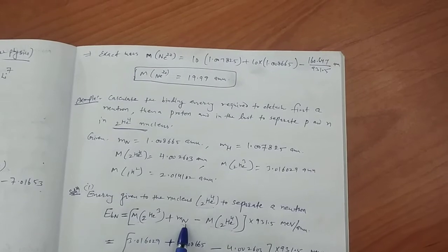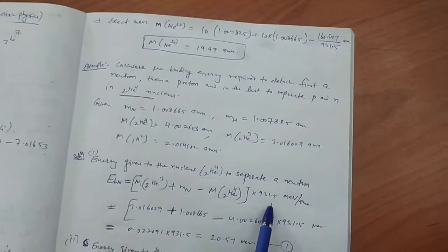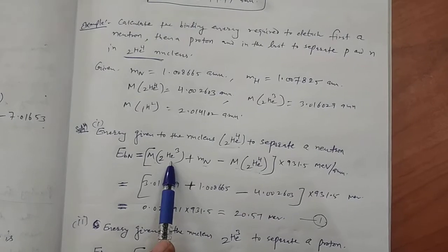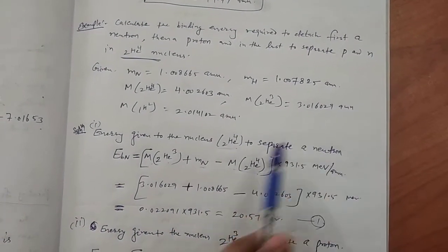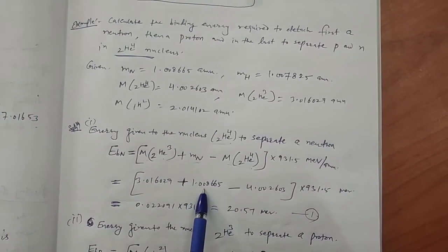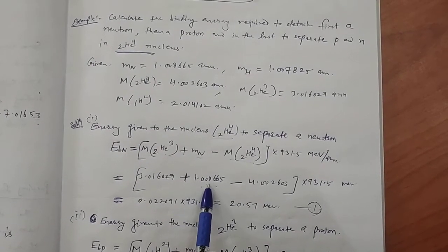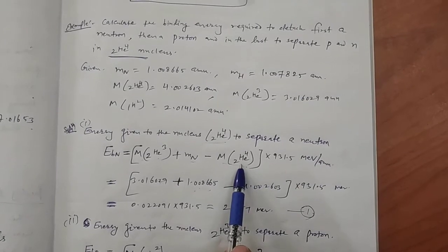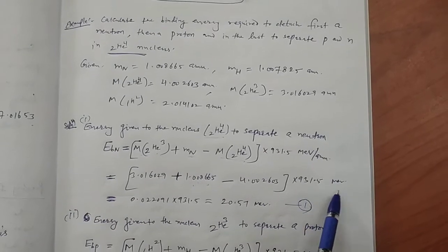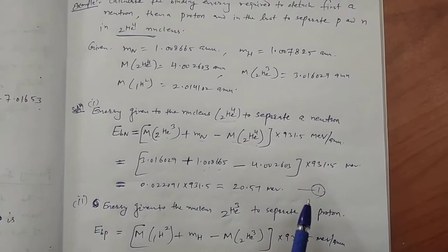We remove one neutron from this one and multiply it by 931.5 MeV. Putting the value of 2He3, which is given, and the mass of 2He4, and this is the mass of neutron, 1.008665, and multiply it by 931.5. Finally we get 20.57 MeV.